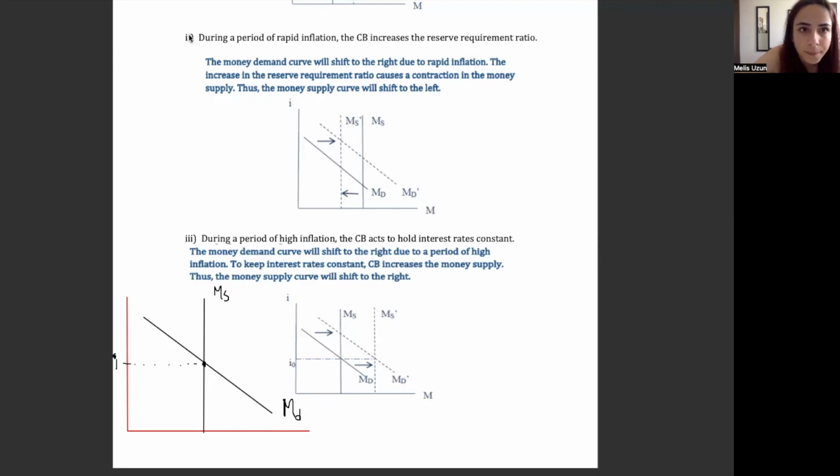When there is high inflation, our money demand will shift to the right. So the new money demand curve will be this. If you look at the new intersection point, the interest rate will be here.